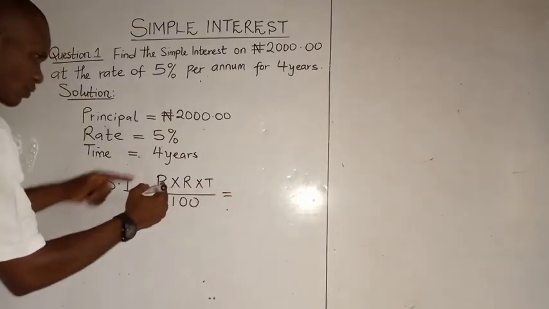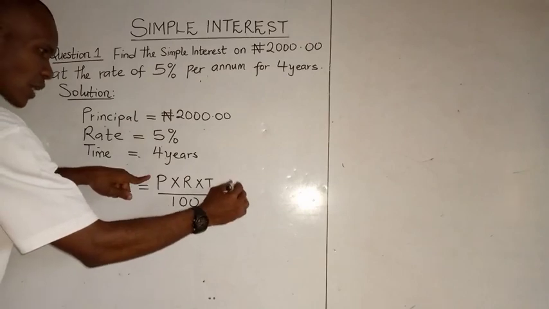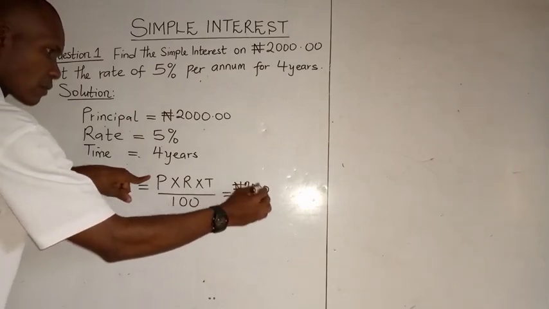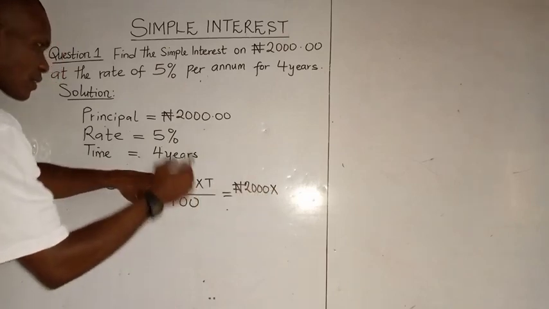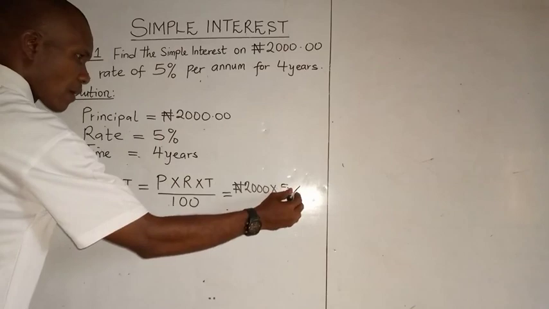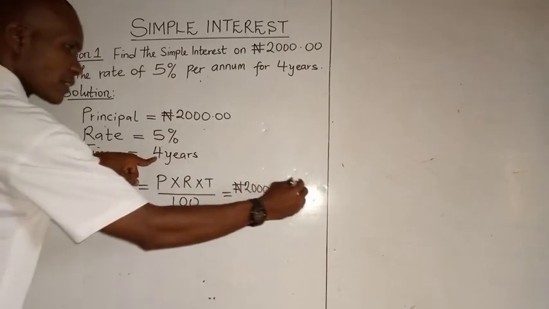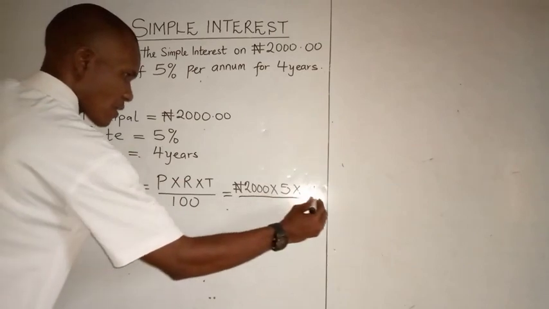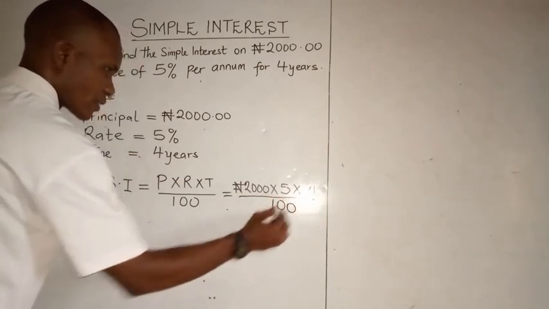That is 2,000 naira multiplied by 5 multiplied by 4, all over 100.